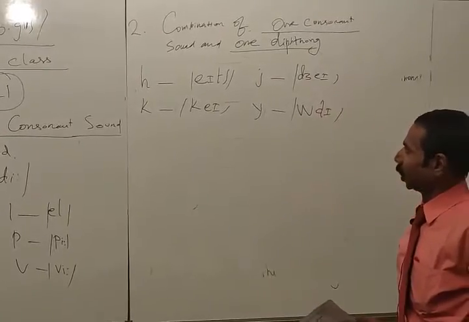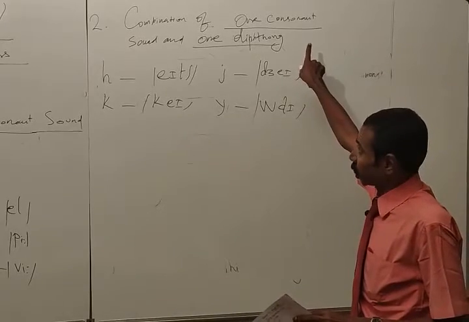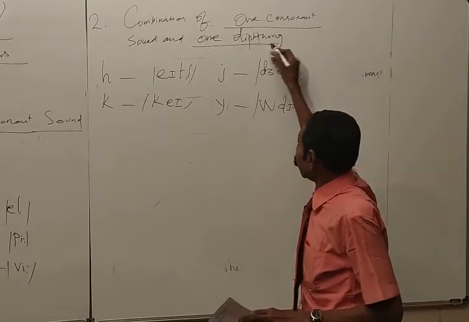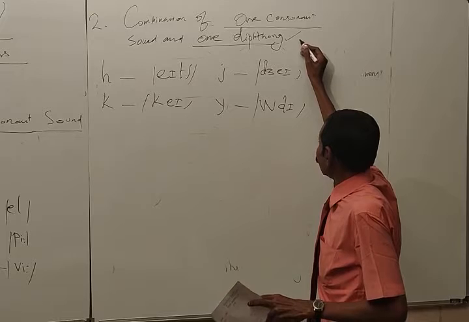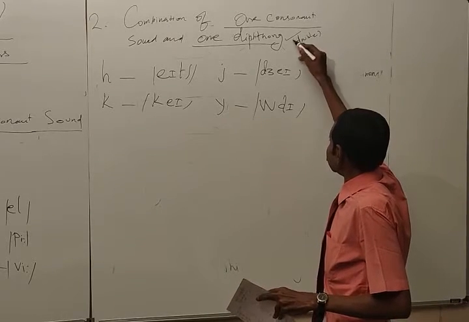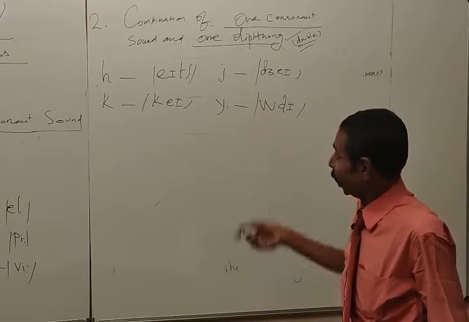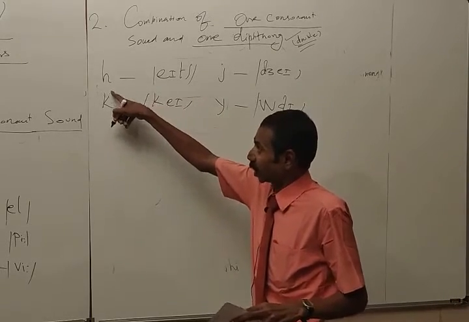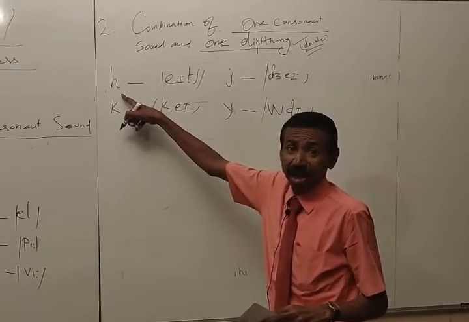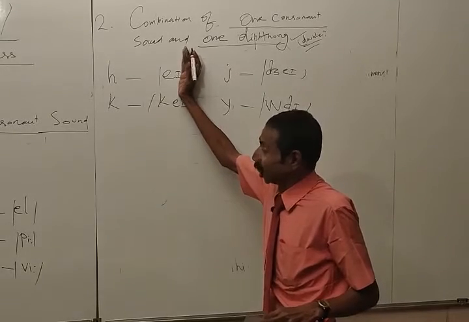The second division is the combination of one consonant sound followed by one diphthong. Diphthong means double sound, double vowel. This is what we call diphthong. We will discuss it later in detail. Here the letters are H, J, K, Y. H, the consonant sound followed by a diphthong.